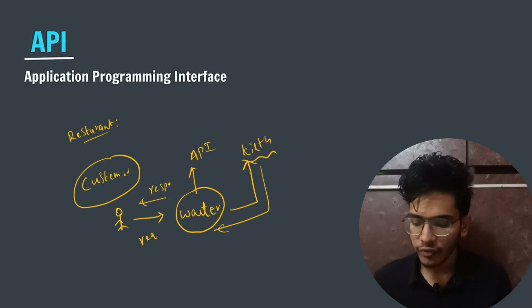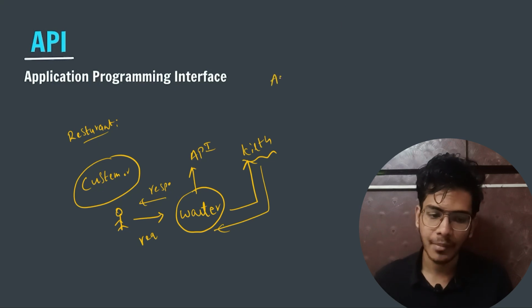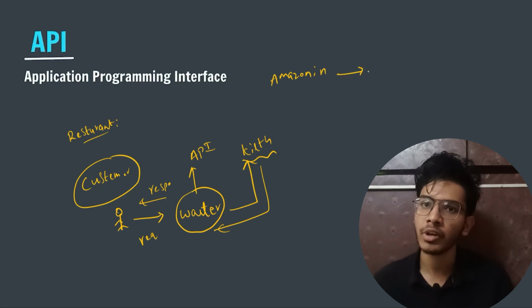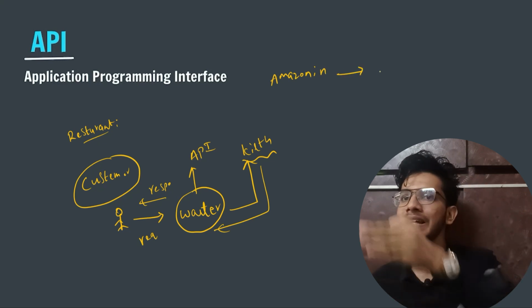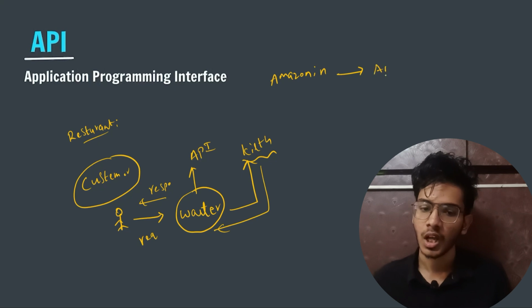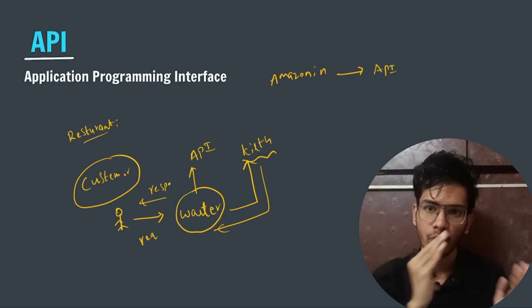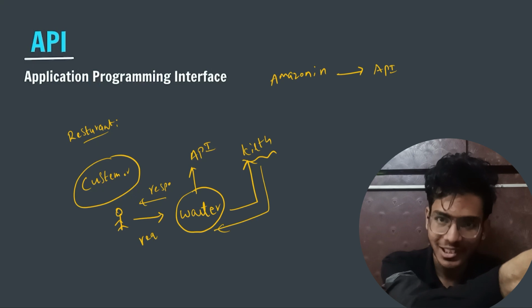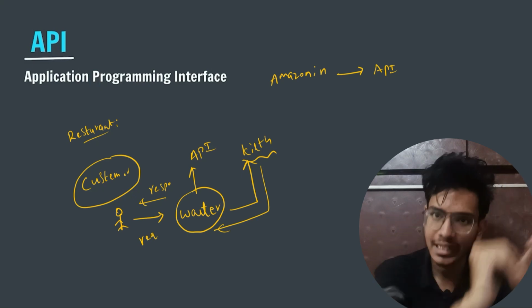Whenever I search amazon.in, instead of directly going to the server, we call the APIs of Amazon. We won't directly go to the servers, we'll go to the APIs of that particular server, of that particular database.